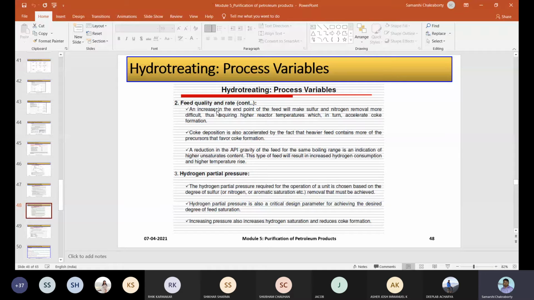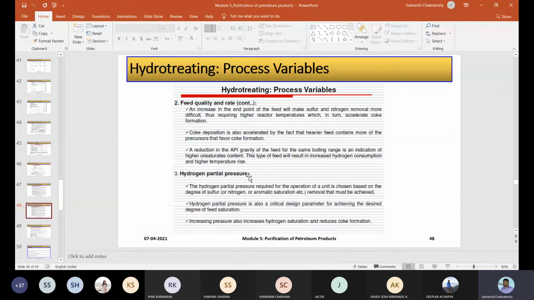A discussion on how different process variables influence your hydrotreating process is one of the questions that has a higher chance of coming in the final FAT examination.